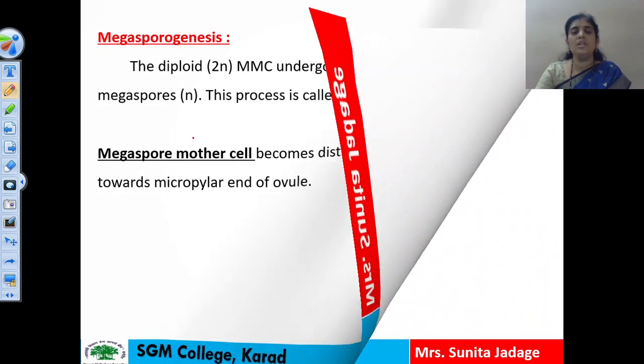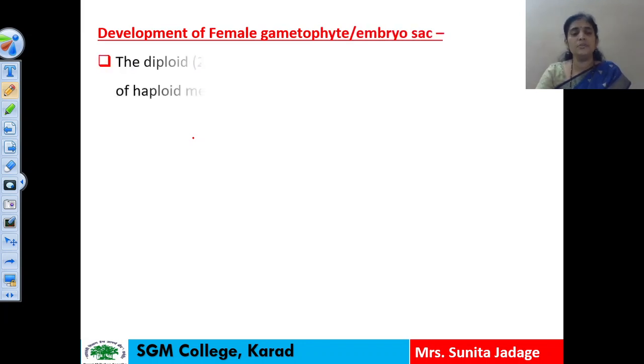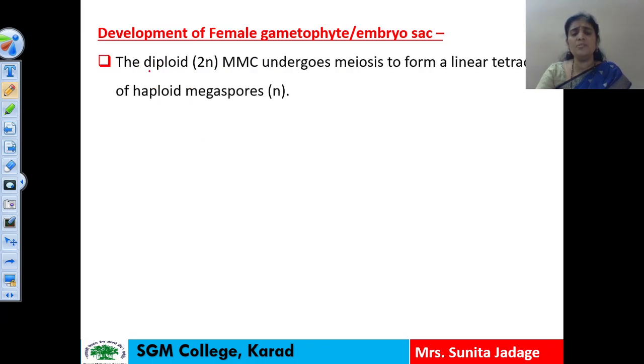So how the development of the female gametophyte or embryo sac takes place inside this megaspore, that we have to see here. First, the diploid megaspore mother cell undergoes meiosis and there is formation of a linear tetrad of haploid megaspores. So first of all, from the nucellus, the cell present towards the micropylar end functions as the megaspore mother cell.